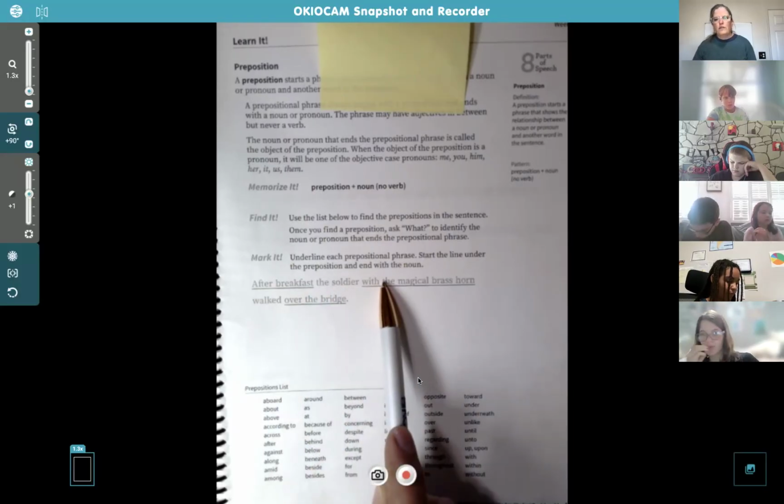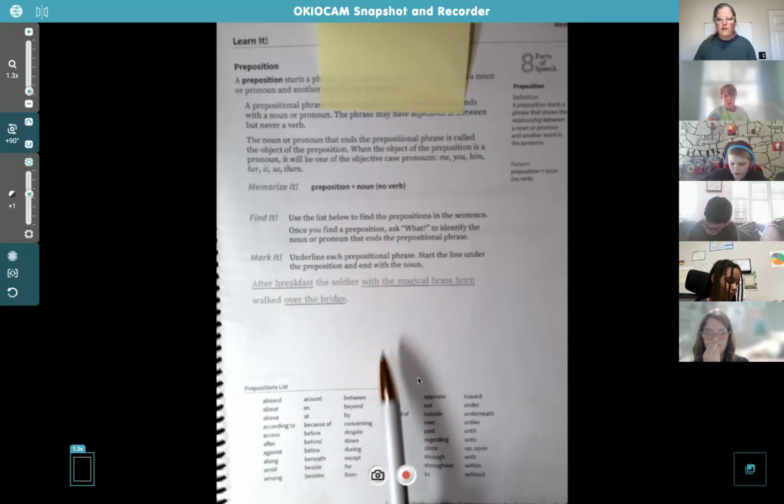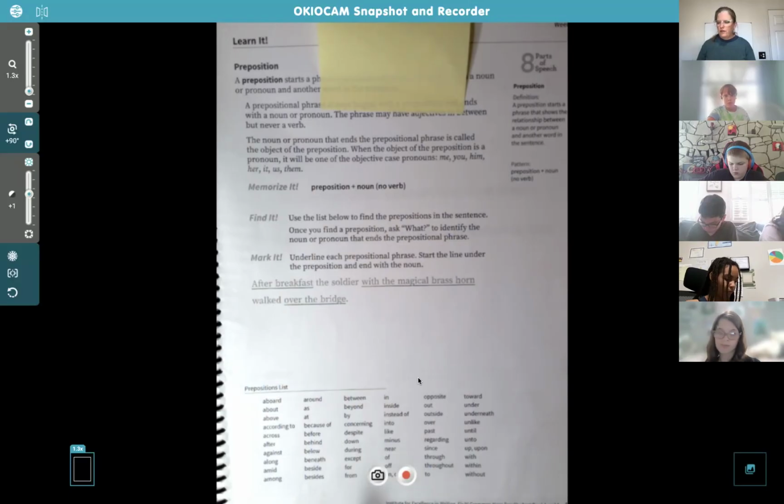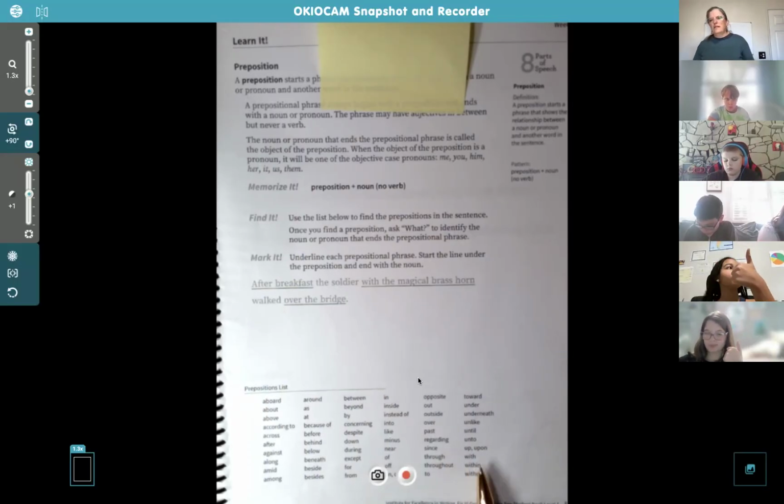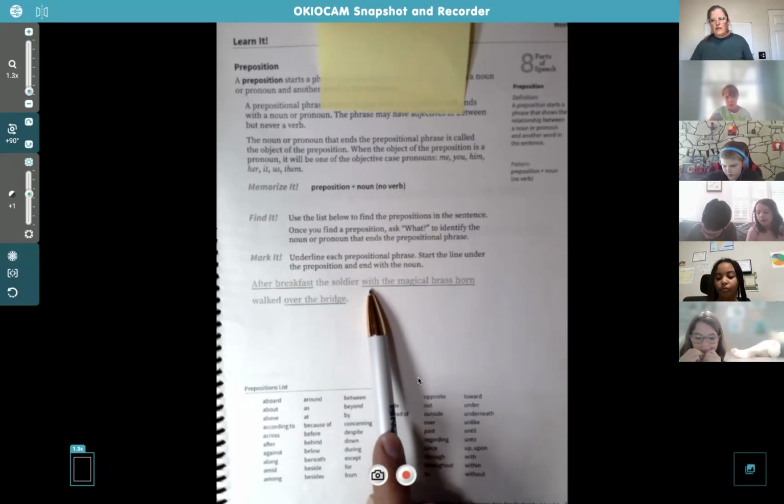Okay. How about the word with? See if you can find the word with in the list below. Do you see with? It's in alphabetical order. Good. Trevor sees it. Good. And Sydney and Eris, good. Right down here, the word with, that's a preposition. That's what it starts with. And then you ask with what?